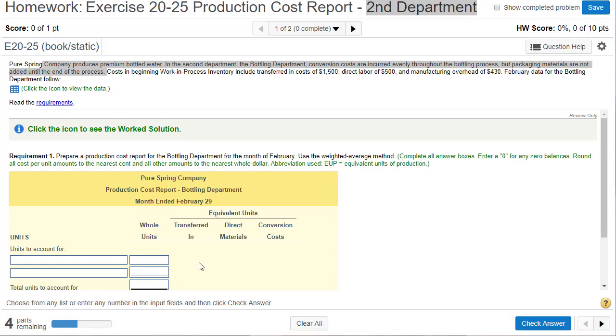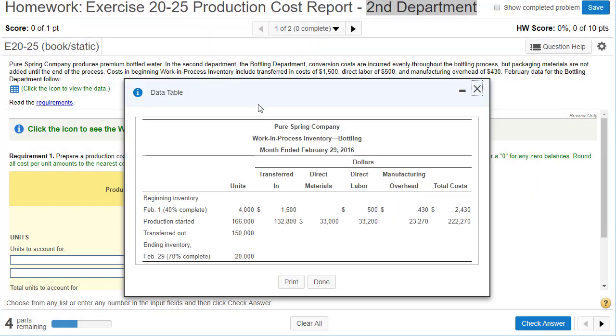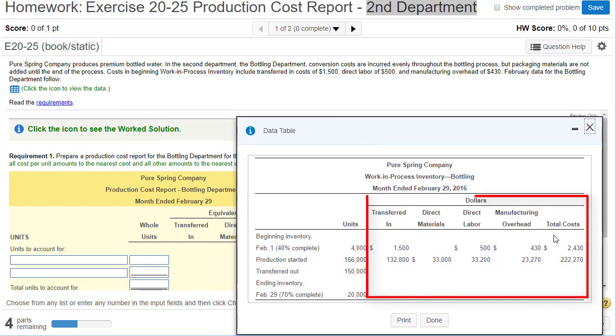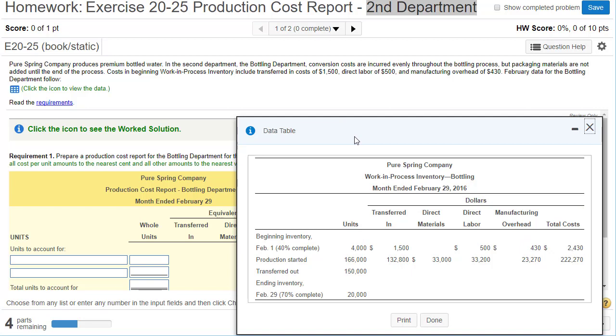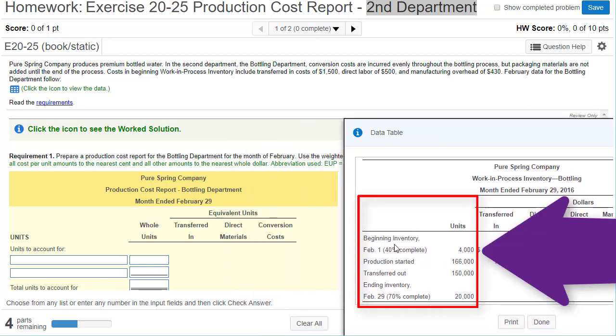So as always, with the production cost report, we're going to start with units. So we need our extra information, and we just need to look at the units. We don't look at the costs yet. So this is all cost information over here, so we can ignore that for now. We're only looking at the units. So our beginning inventory had 4,000 units.